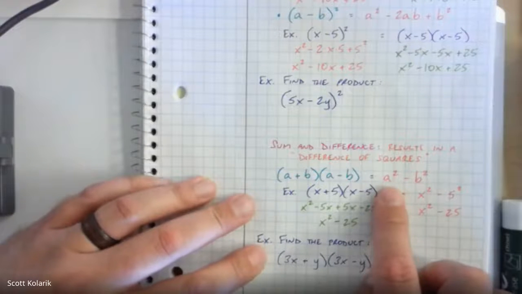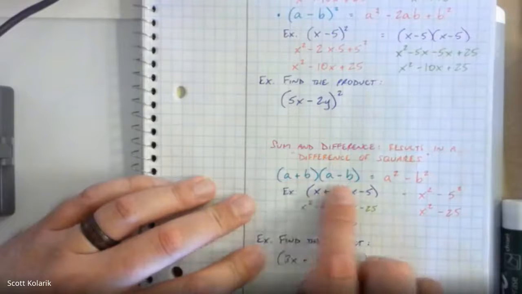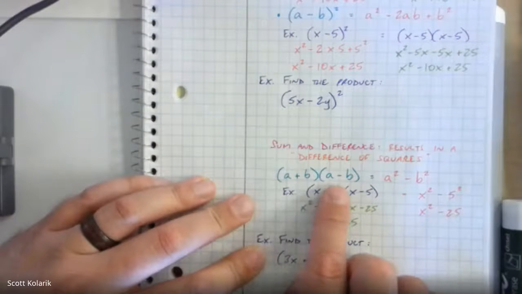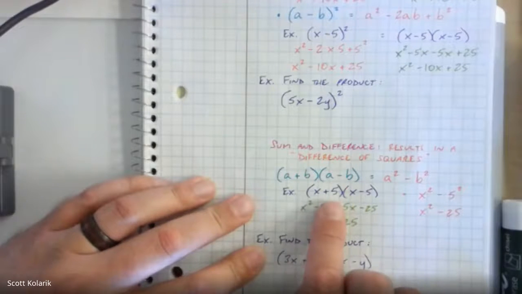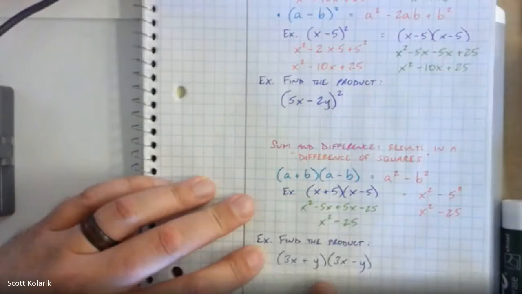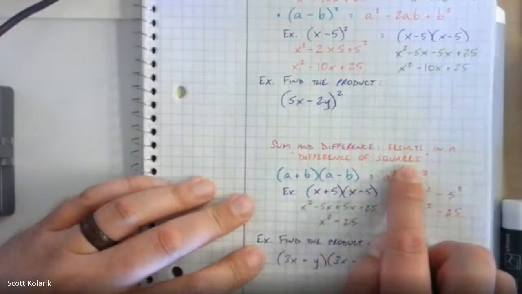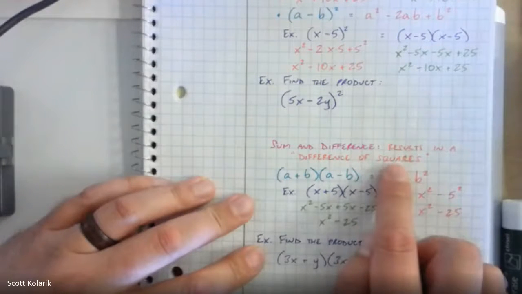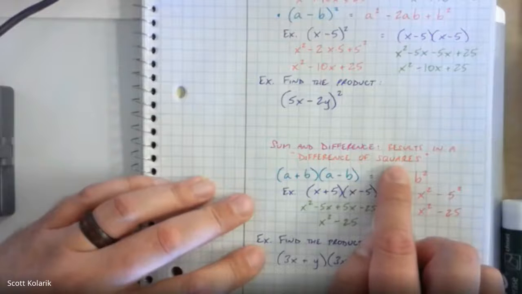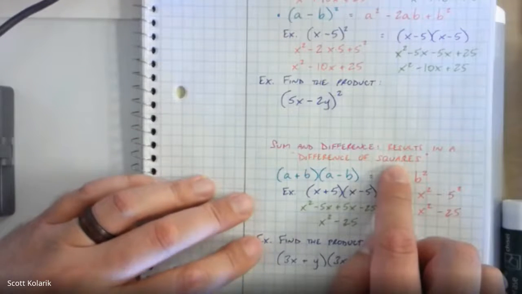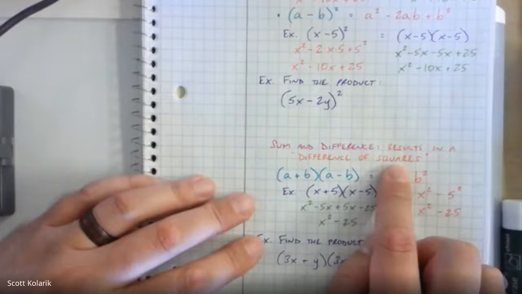I'll explain why in just a minute, but I'm going to end up with this shortcut. If I see the sum and difference multiplication that I'm asked to find the product of, like both of these examples, I can immediately jump to a result of what's called a difference of squares. This difference of squares we're actually going to revisit in a future section in this unit when we're doing the inverse of multiplication and distribution, which is factoring.